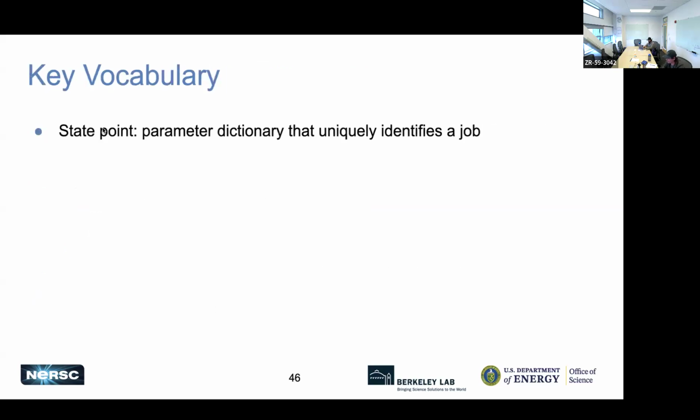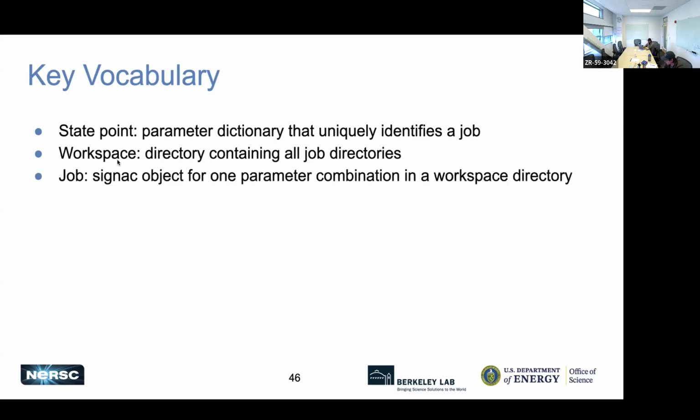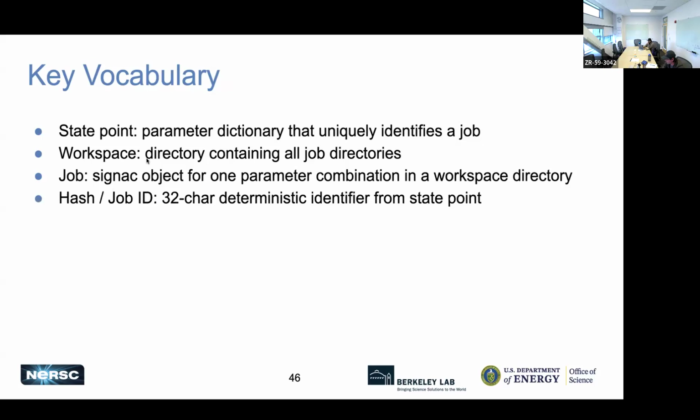All right. And review of vocabulary for signac. State point: one unique combination of elements in your parameter suite. The directory that has all of the state point directories in it is the workspace. Job, from signac's perspective, is each one of those directories maps to one job, one piece of compute that goes with a particular state point.